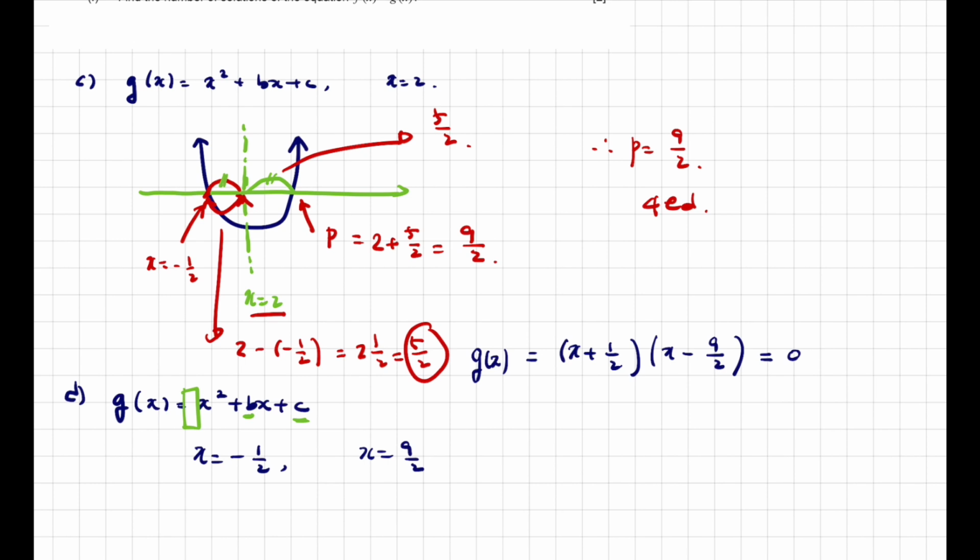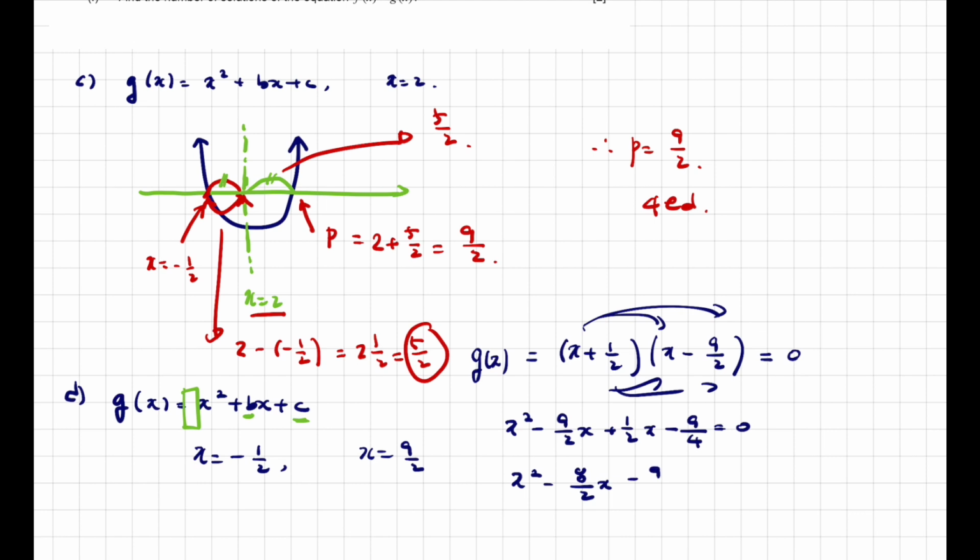Then we can expand this. We get x squared minus 9 over 2x plus 1 over 2x minus 9 over 4 equals 0. Then we get x squared minus 8 over 2x minus 9 over 4 equals 0.